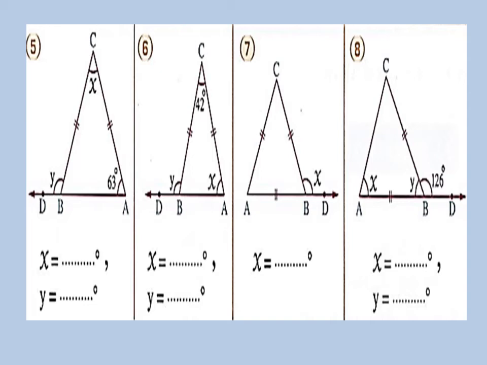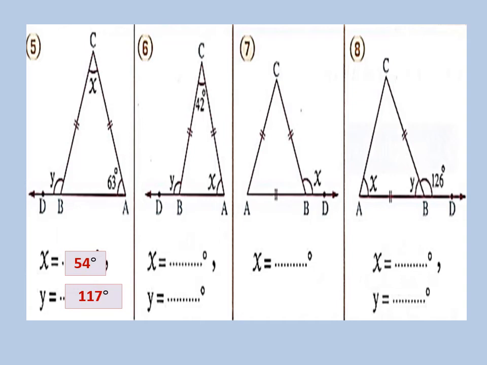And since angle ABD is straight, equals 180, then y will equal 180 minus 63, so it will equal 117. Measure angle x, 180 minus 63 times 2 will be 54.